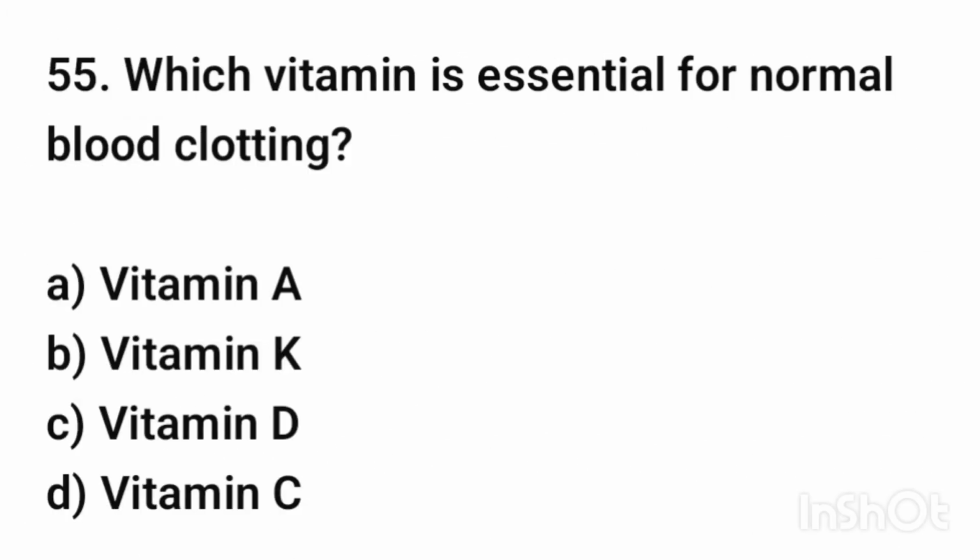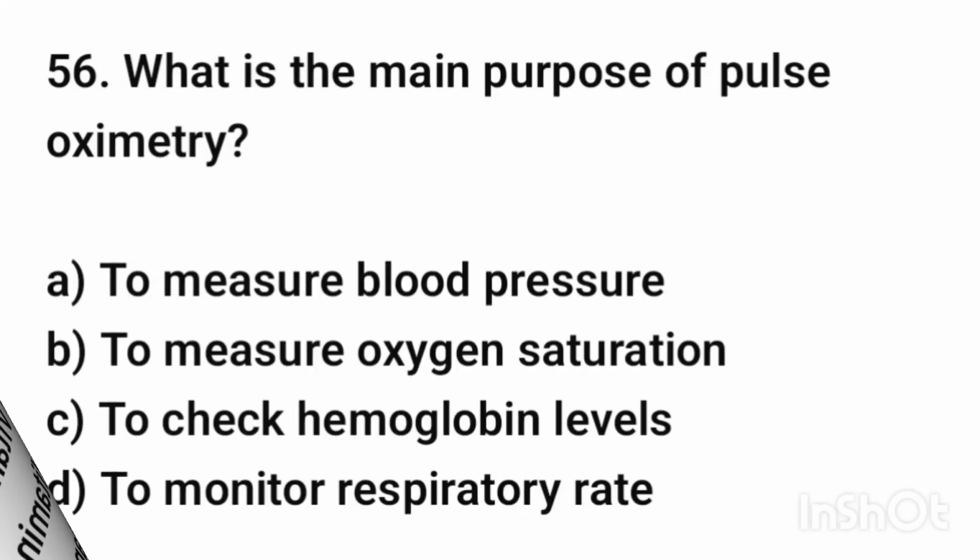Question number 55. Which vitamin is essential for normal blood clotting? The correct answer is option B, vitamin K. Question number 56. What is the main purpose of pulse oximetry?